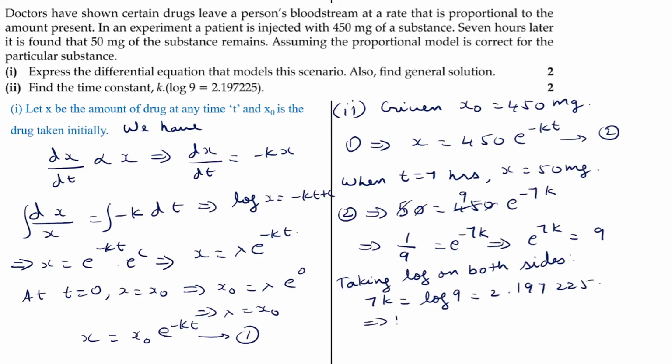So from this we have k is equal to 2.197225 upon 7. Now when we simplify, we get it as approximately 0.31. Here the time constant k is per unit time. Here the unit of time is hour. So we have k is equal to 0.31 per hour. So this is k.